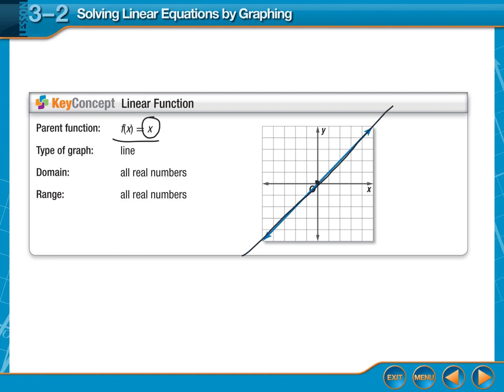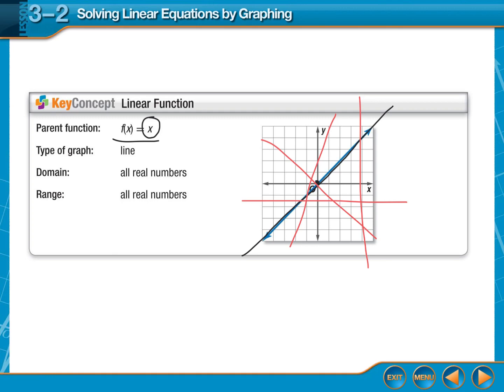We're going to be seeing different manipulations with this to make our lines look steeper, go the opposite way, a bunch of different types of lines. Some are going to be straight up and down, some are going to be straight across, just depending on what's happening to our parent function. But linear equations always start with this parent function. That's where they come from.